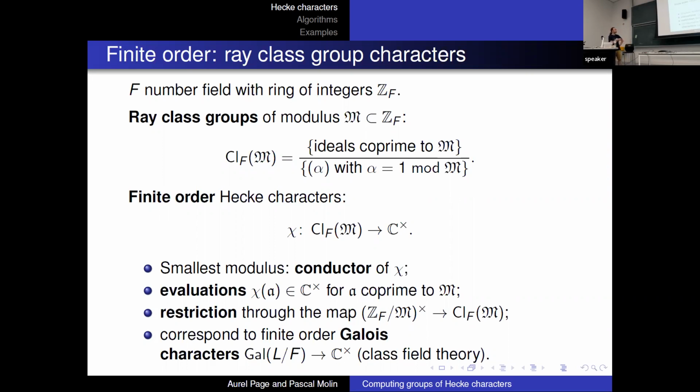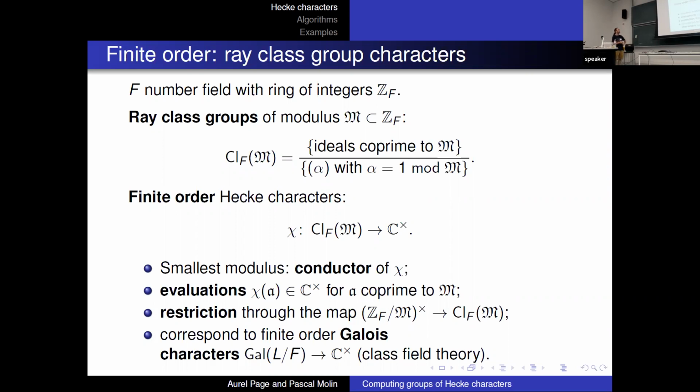This is maybe the automorphic perspective on Hecke characters. One of the things that are interesting about them is that they correspond to Galois characters of finite Galois extensions of F by class field theory. So you have these characters seen intrinsically in terms of F, but they also correspond to characters of finite Galois extensions.